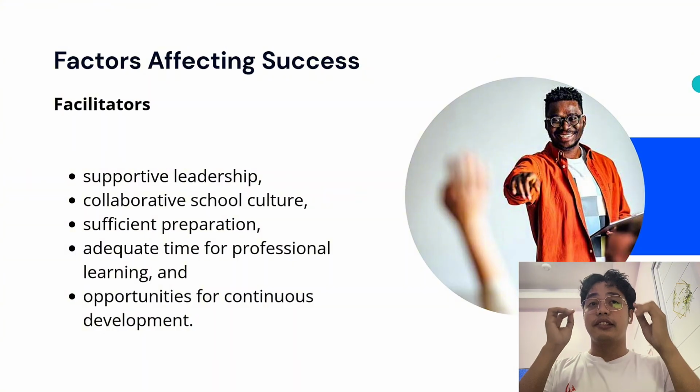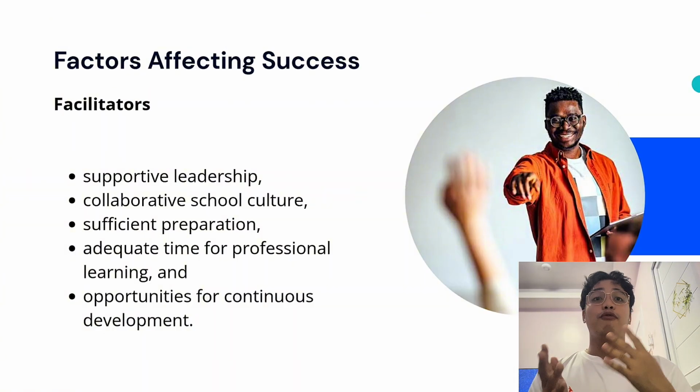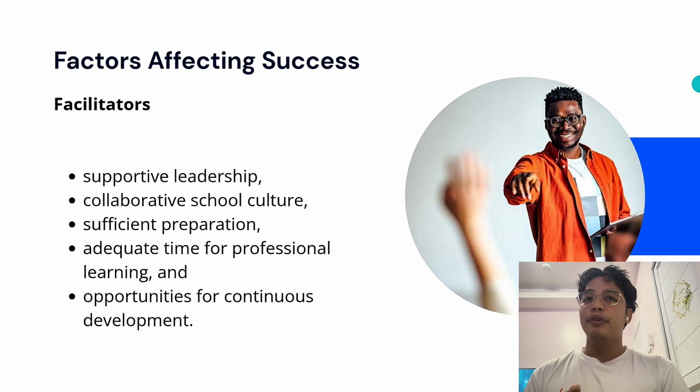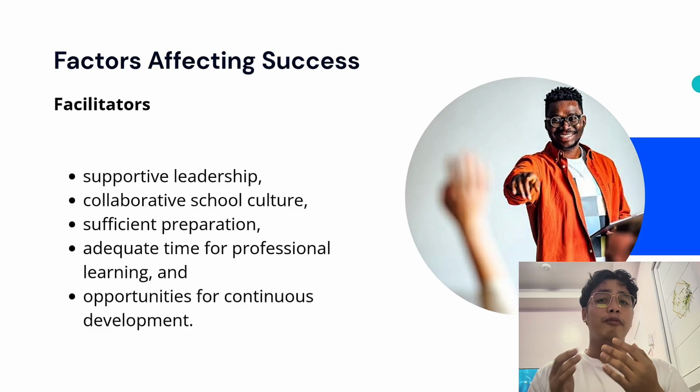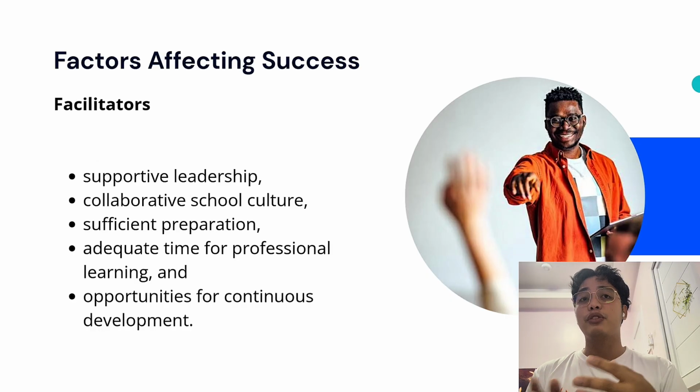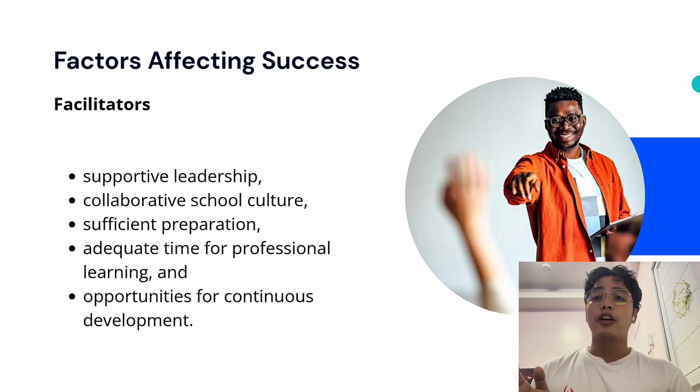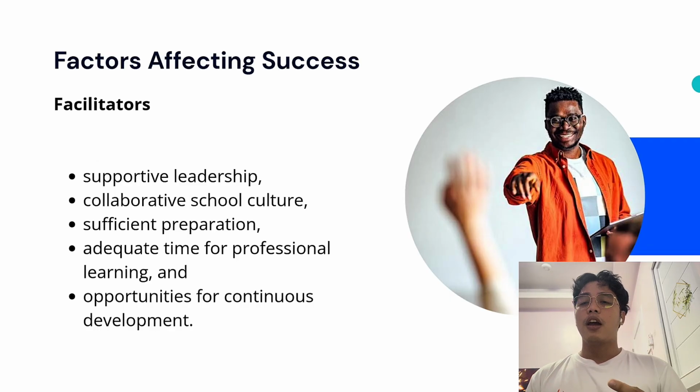These are the things that are needed for differentiated instruction to be successful in implementation in your school, because without supportive leadership it would be very hard to find resources that are usable in terms of your instruction. It would also be hard for you to establish this without support from your heads.